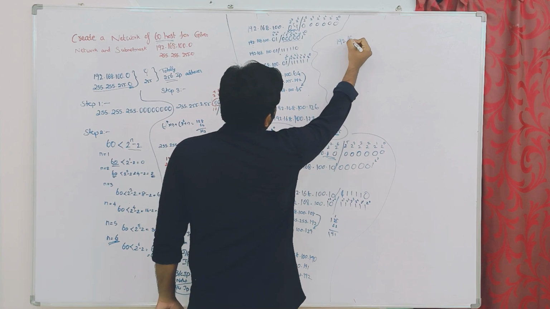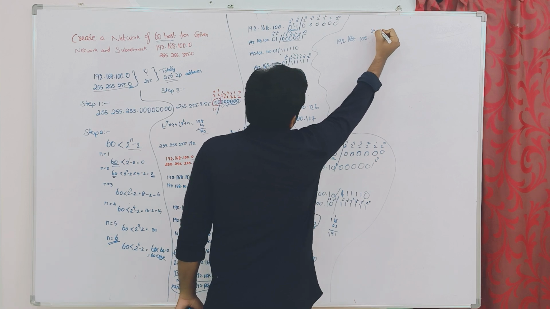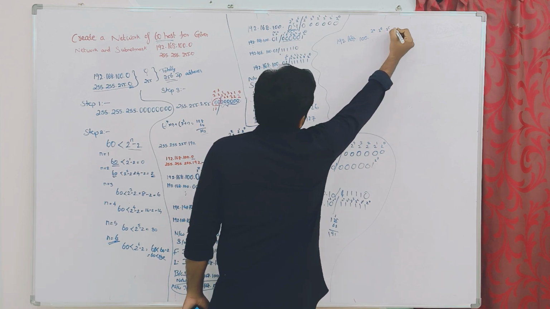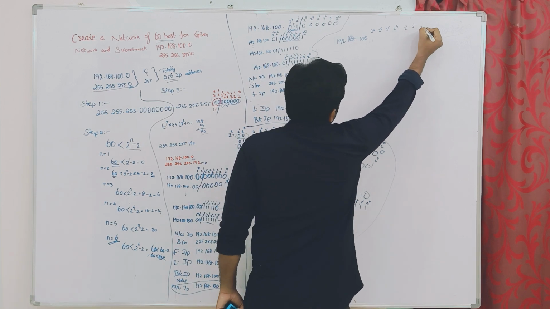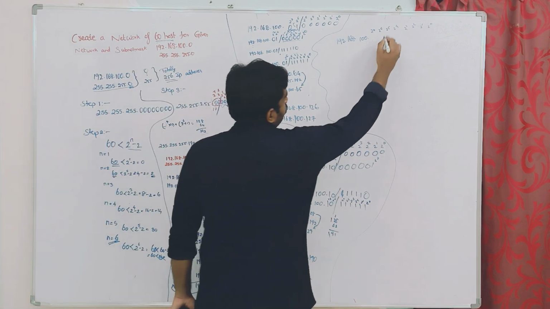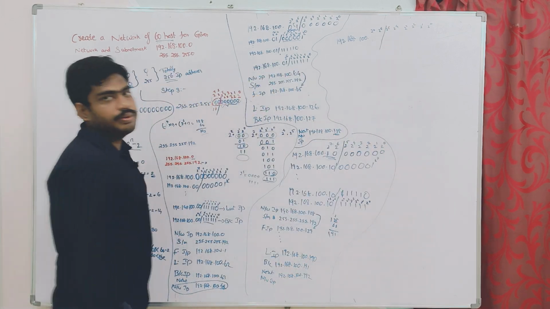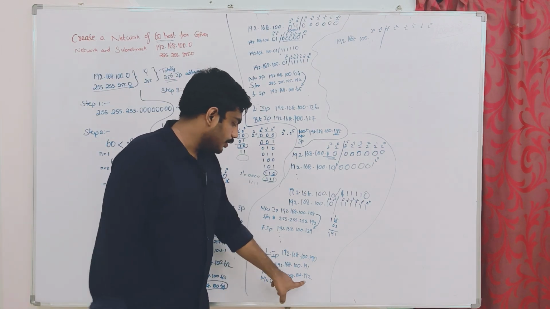Okay, 192, 168, 100 dot, 2 power 7, 2 power 6, 2 power 5, 2 power 4, 2 power 3, 2 power 2, 2 power 1, 2 power 0. You slash it. These two bits are subnetted. These 2 bits we cannot use for the host portion. This is the network IP.